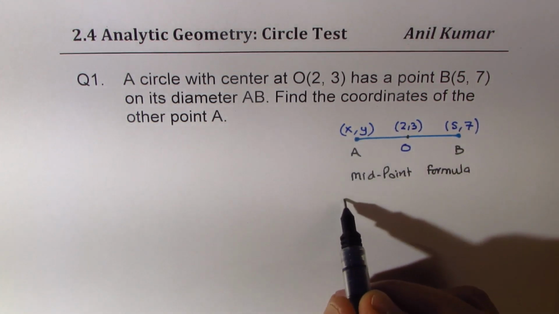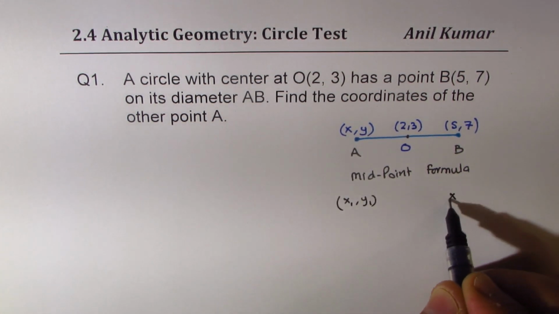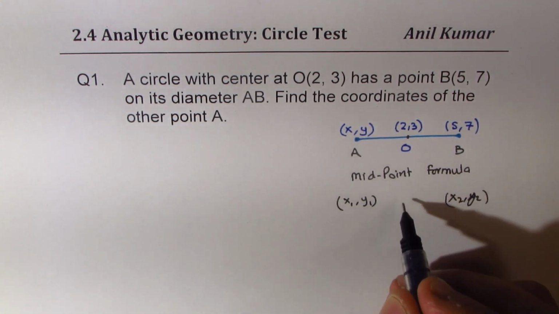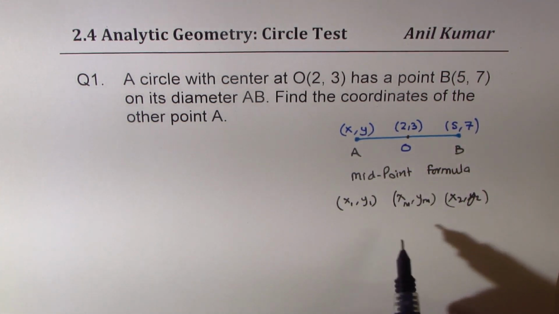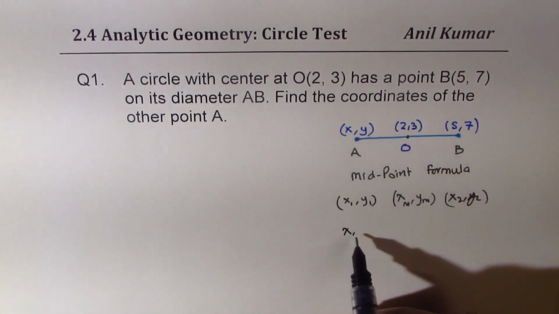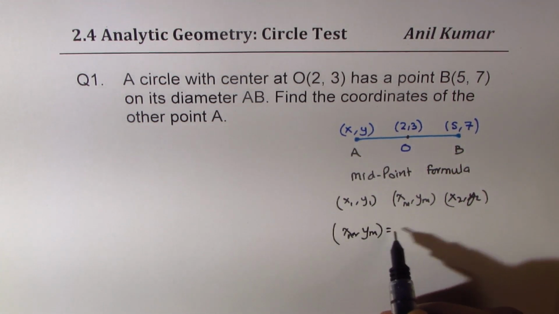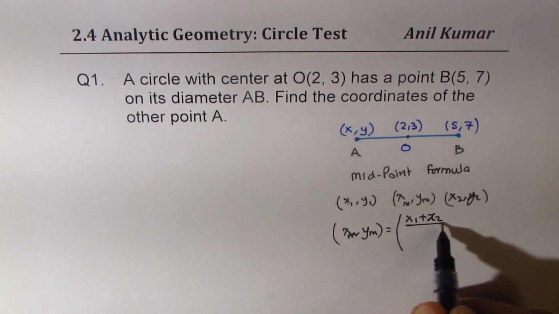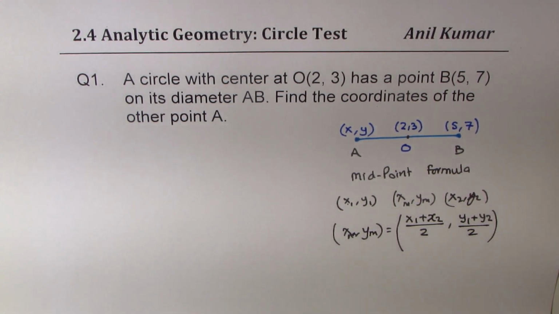So in general, if we have these points as (x1, y1) and the other one as (x2, y2), and the midpoint as, let's say, (xm, ym), what are the coordinates for the midpoint? Well, xm and ym are the average values. So you add these two, x1 plus x2 divided by 2 and y1 plus y2 divided by 2, to get the midpoint.